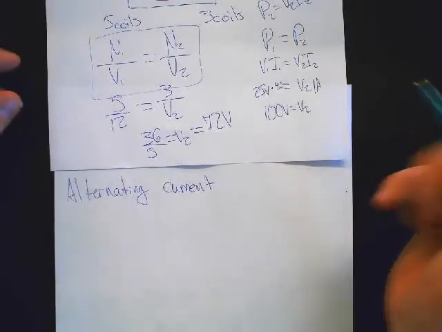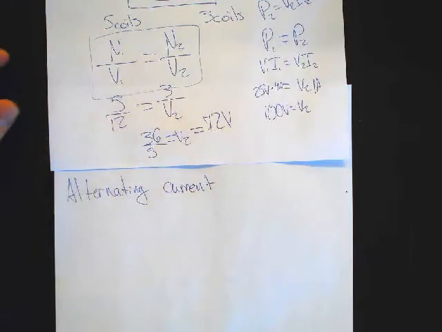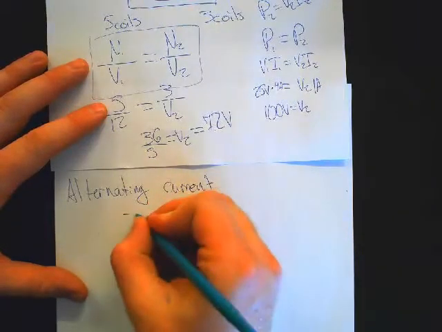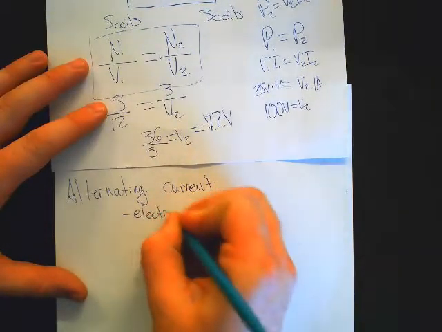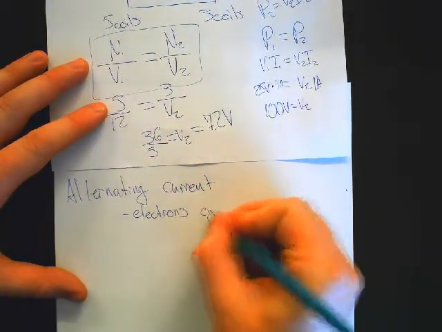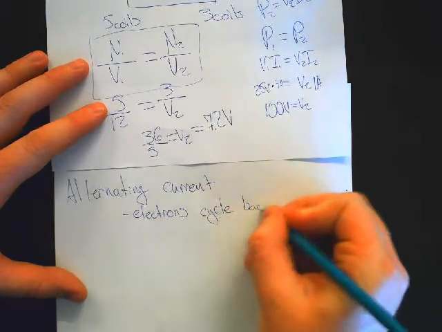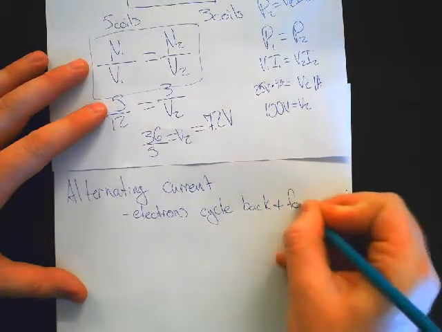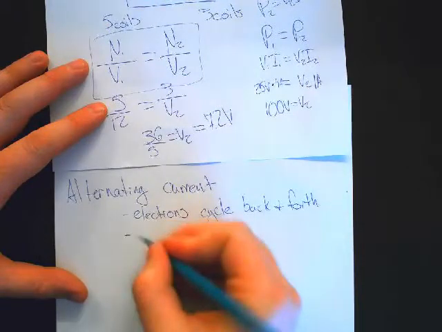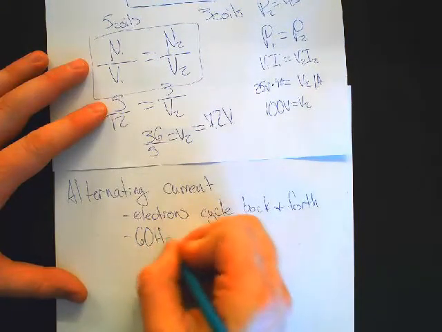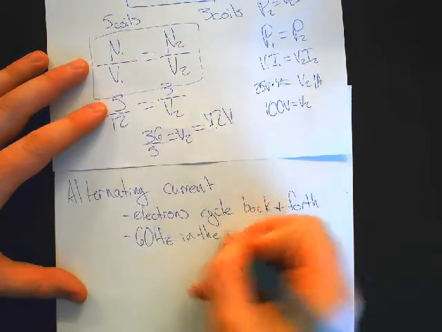It's current where the electrons are moving back and forth and back and forth 60 times per second in the United States power grid. So electrons cycle back and forth. And this is at 60 hertz in the US.